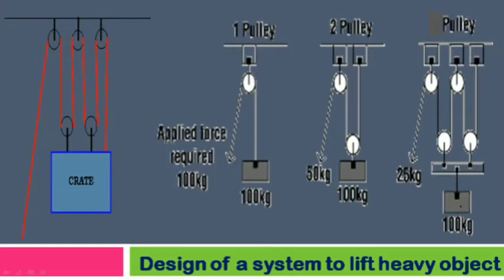So if we want to carry the same 100 kg weight and use less energy or less force, you can use three pulleys or four pulleys in the required pulley system. So the more pulleys there are, the less effort or force we have to apply to lift heavy loads.